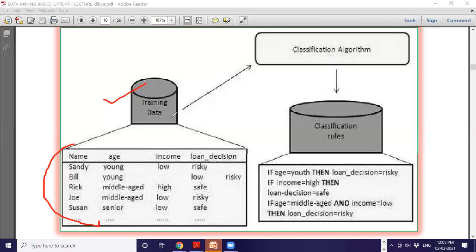Why am I calling this data training? Because you see, it is tagged with the loan decision. Our motive is to find out, when a customer visits our bank for a loan, whether the loan decision will be risky, safe, or low risky.